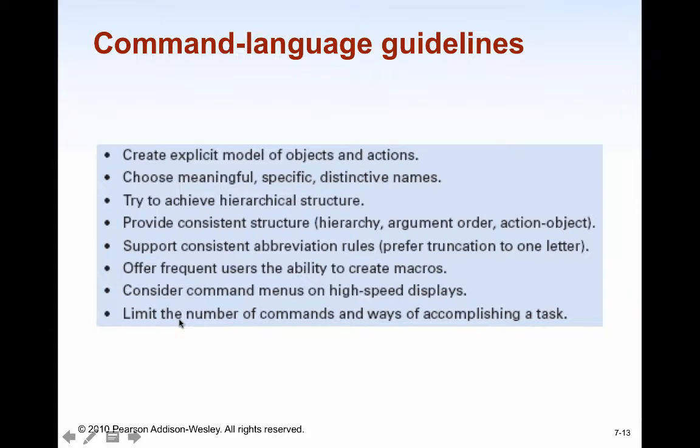So if we want to save a file, we could save a file on the computer. We could save as with a different name, or even save as with the same name. There are different ways that we, for example, can copy something.